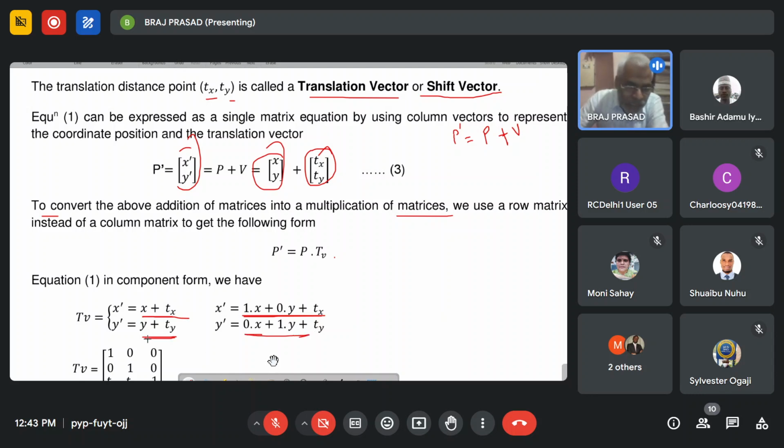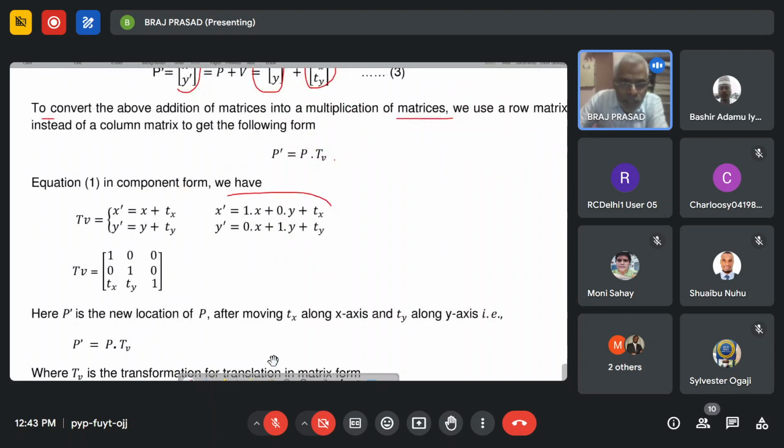So this expression is rewritten in this form, and this expression in this form, and with the help of this new form, you can create a matrix, this one.